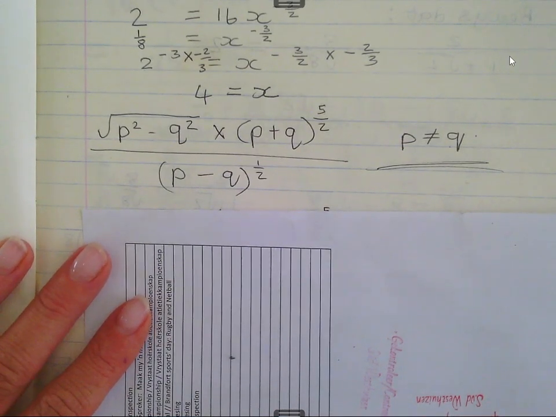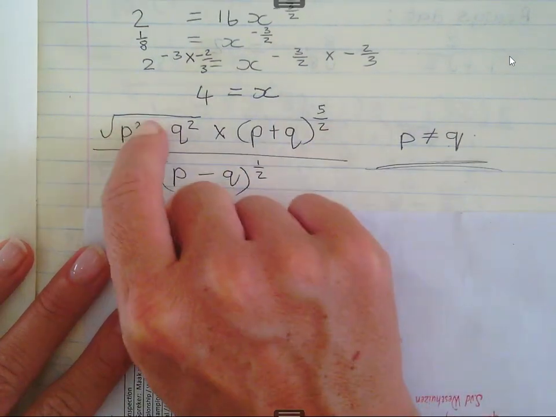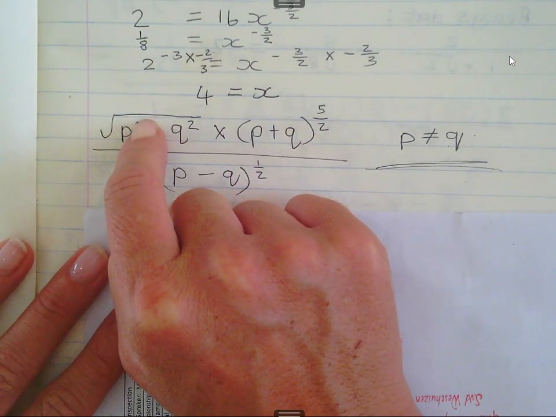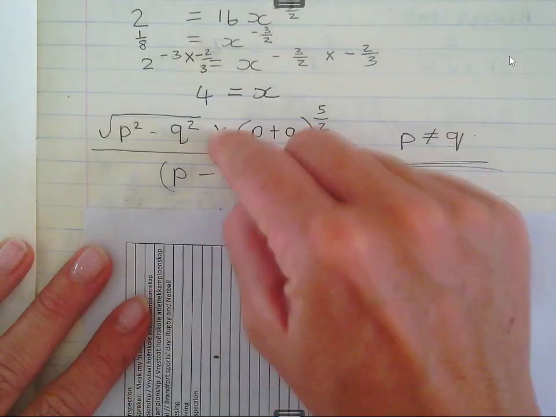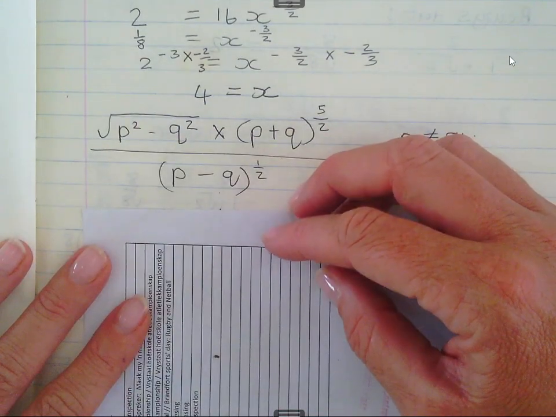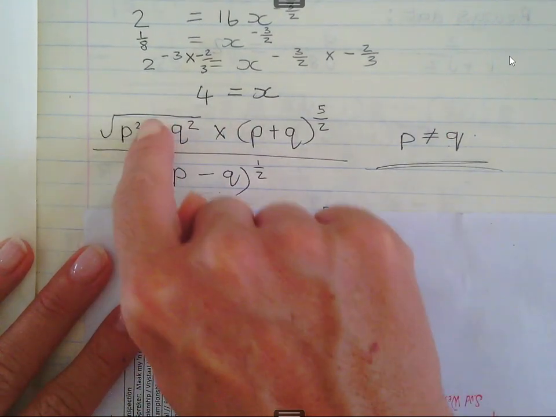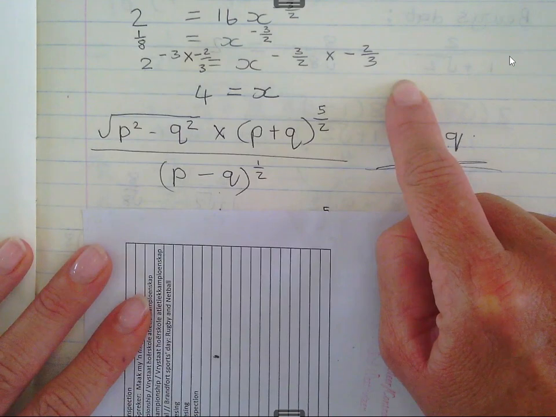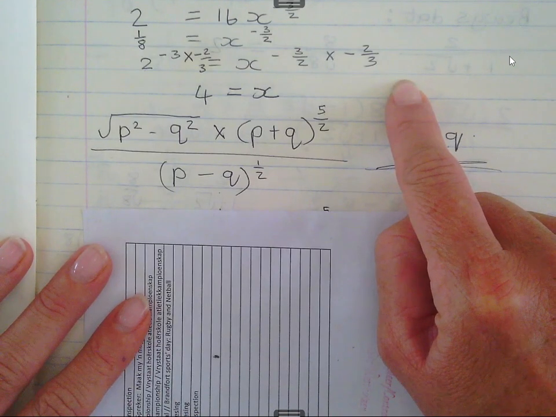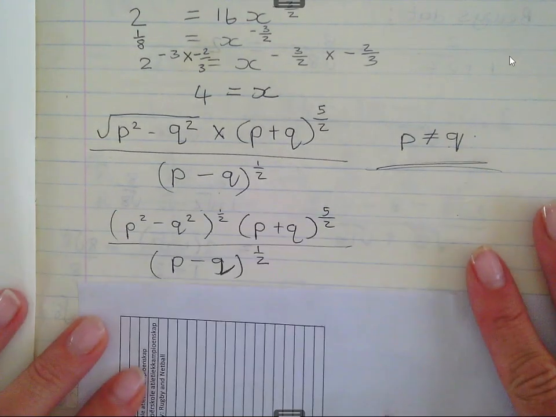Something that bothers me is that this is exponential, but that's a surd. I cannot go and put in a square there because it's an expression. But what I can do is I can change from surd format to exponential format. And I think that would be a place to start. And then it would look like that.